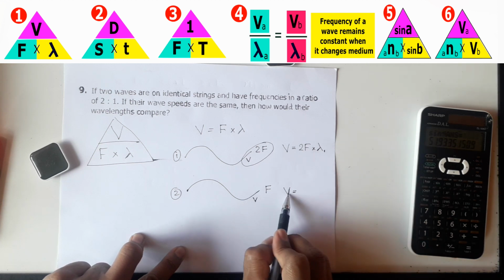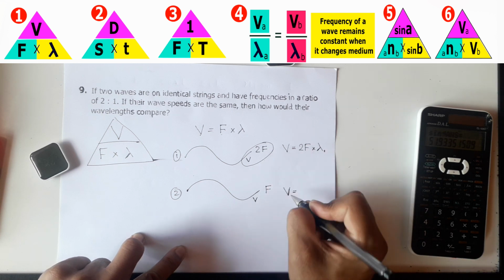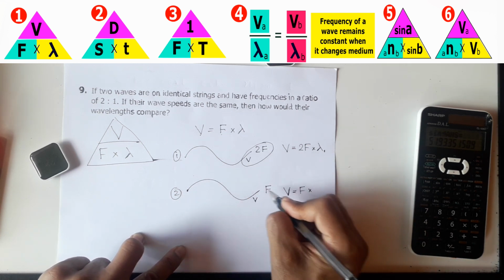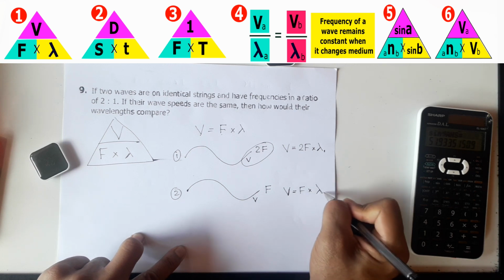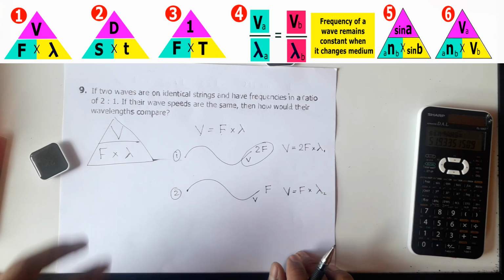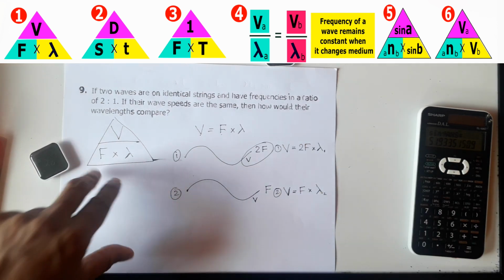So to calculate it, we take the frequency, which is just f, half this value, and multiply it by its wavelength. I'm going to call it wavelength 2 because we don't know anything about this wavelength. So we have two equations here, equation 1 and equation 2.